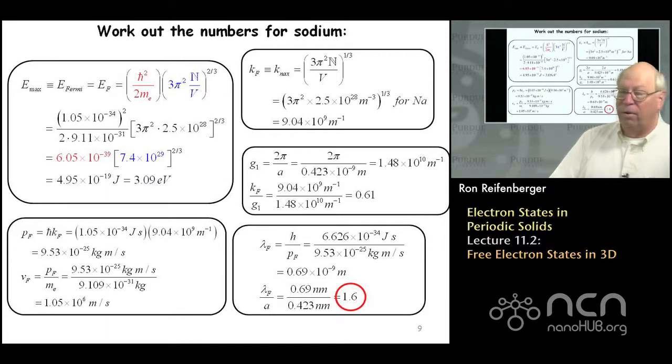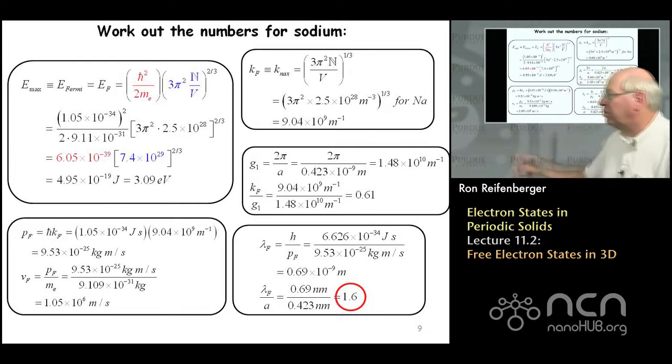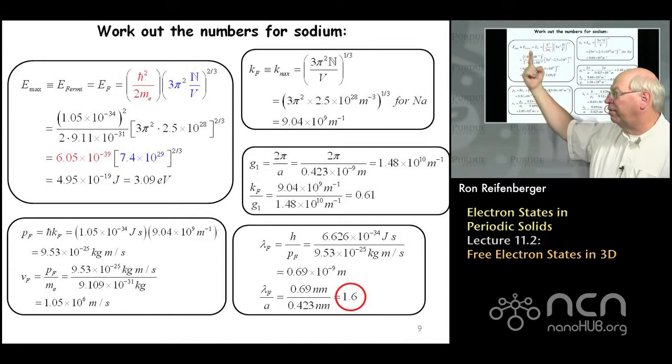And on this slide, what I just do is I just evaluate some of these numbers for the case of sodium, because we've already worked out some of these factors. So, for instance, this maximum energy is often called the Fermi energy of an electron in a metal, and it's abbreviated as E sub F. It's given by this expression here.